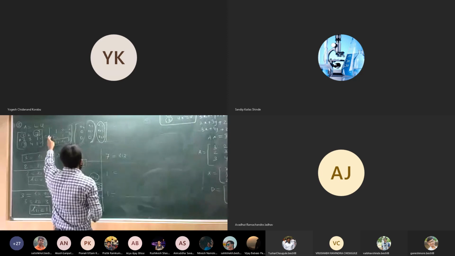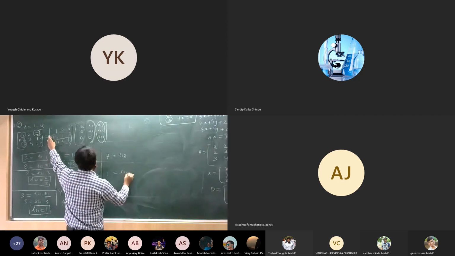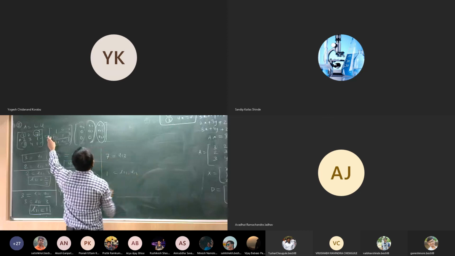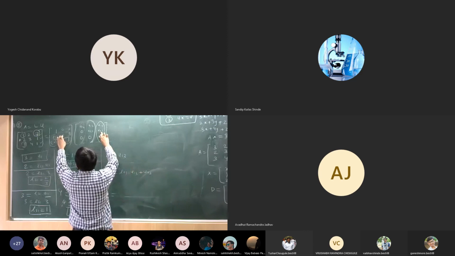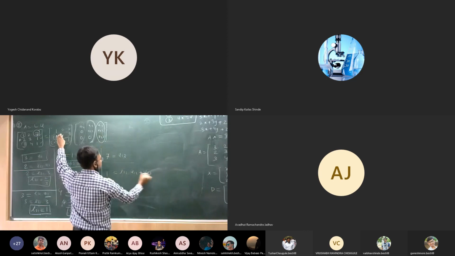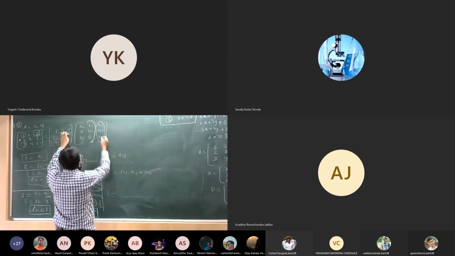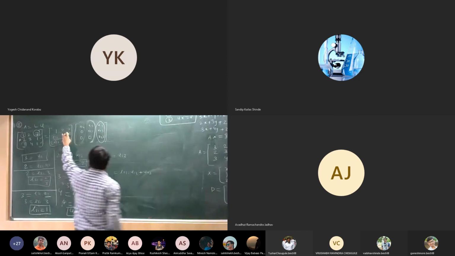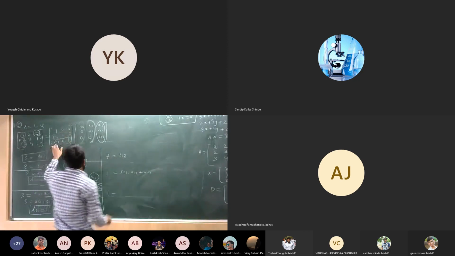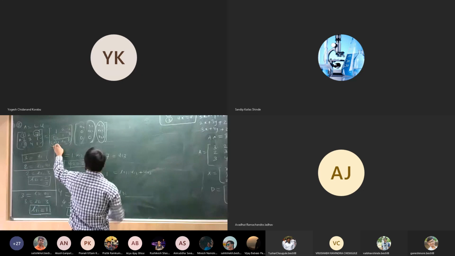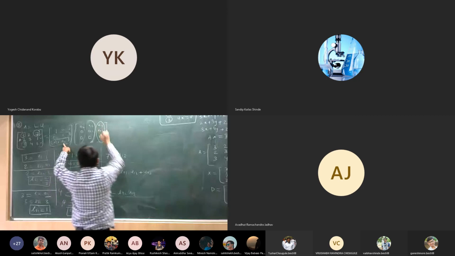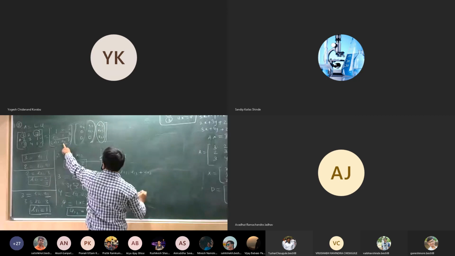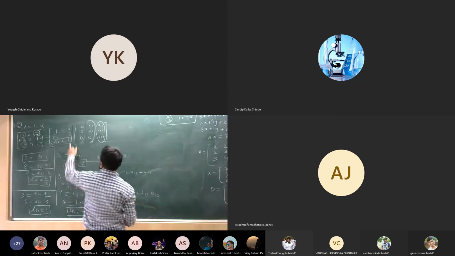Now the second row, we have to attach L21 into U13 plus 1 into U23, and 0 into U33, that is 0, so we don't write that. Now the third: L31 into U13, L32 into U23 and 1 into U33.